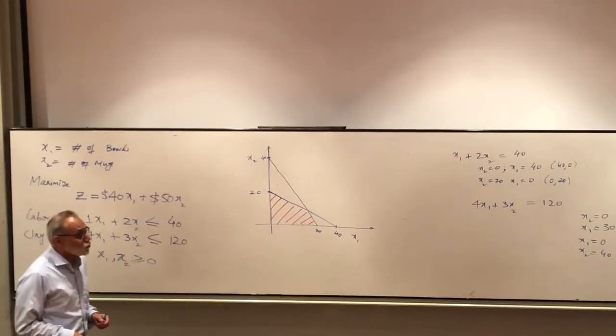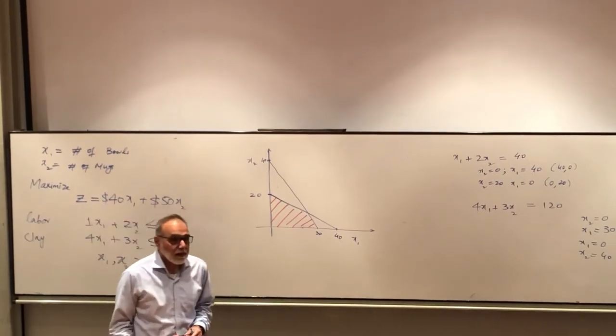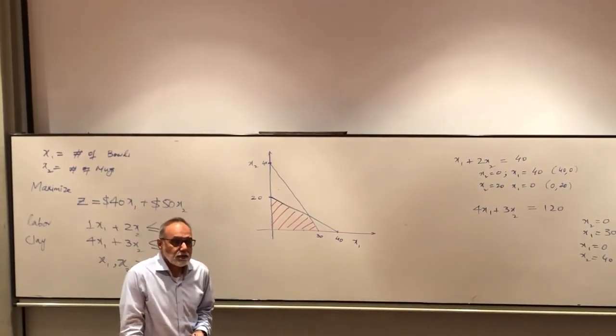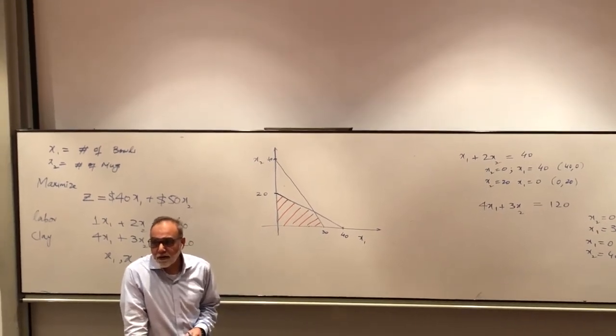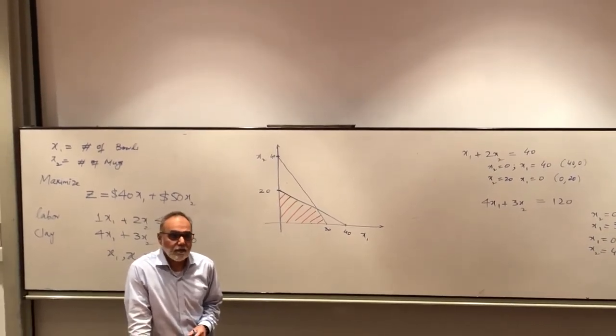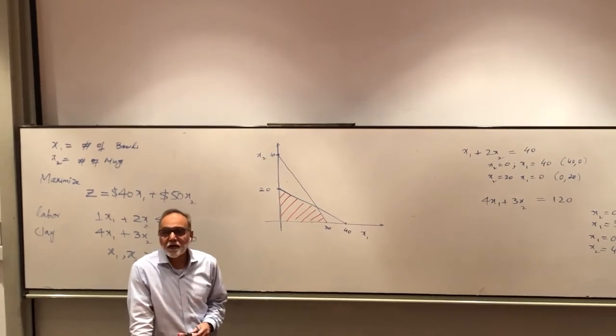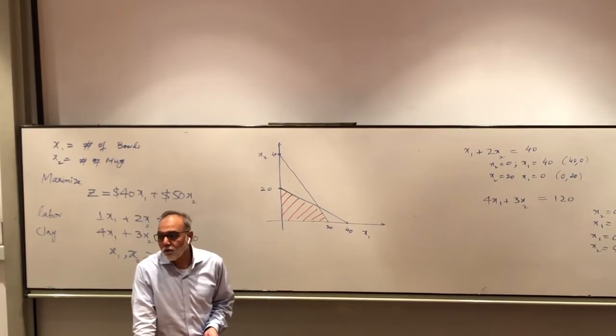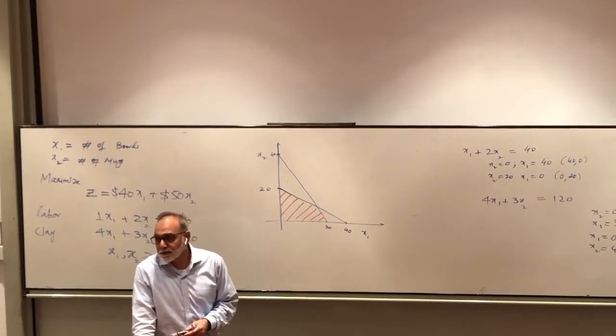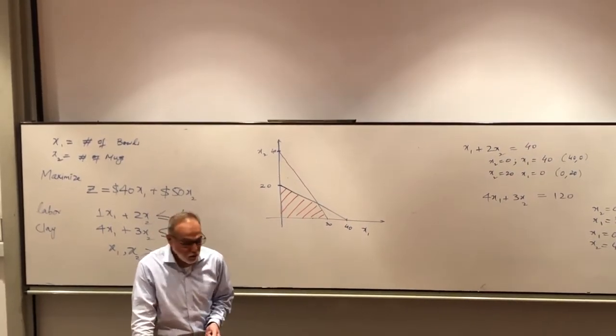Now there are two methods to solve this problem. One is called corner point method, and another is called the isoprofit line method. In graphical technique there are two methods to solve. One is corner points and another is isoprofit.